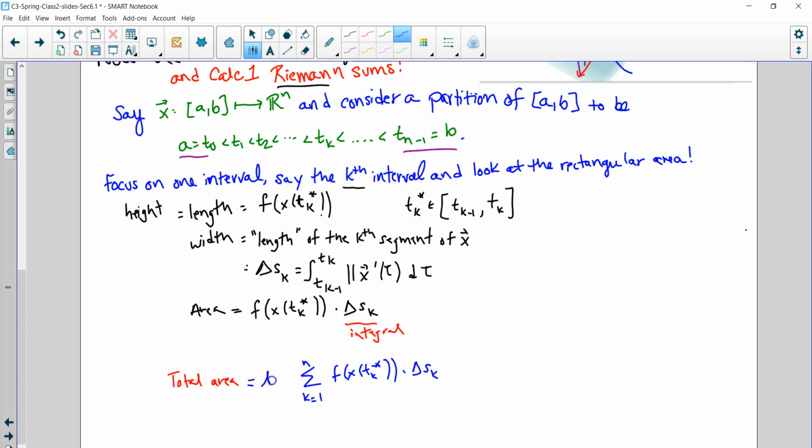If we want a better approximation, we remember we have to take the limit as n goes to infinity. Great! Go do it on all the problems. In practice, this is the theory behind it, but we're going to see we have something else that we can do in the next video.